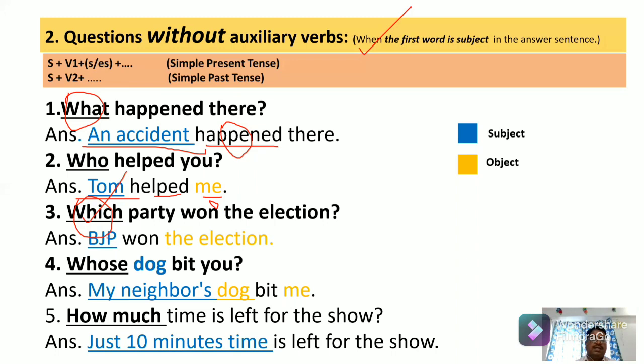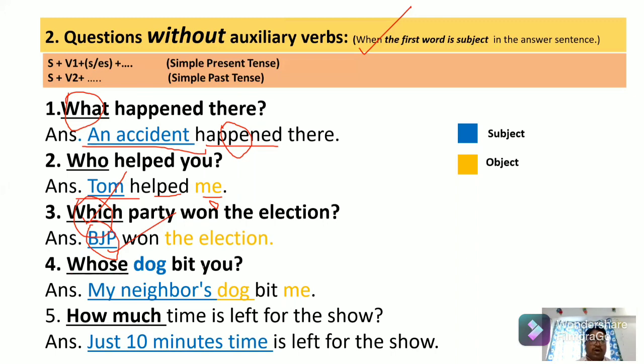BJP won the election. Congress won the election. The answer could be anything, but it goes according to the rule. When the first word is the subject in the answer sentence, we cannot use an auxiliary verb to make questions, correct?